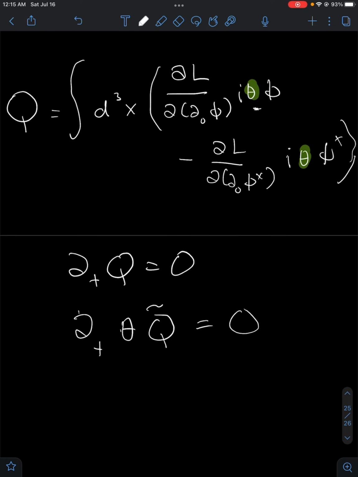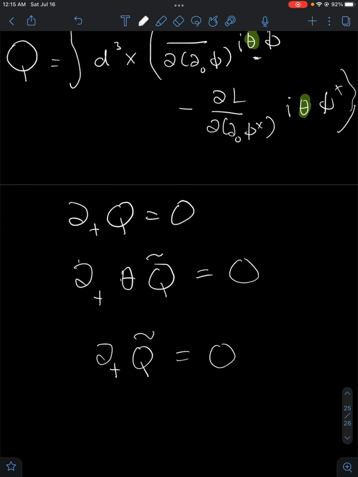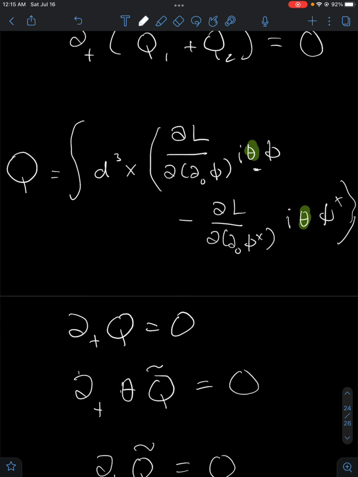Since theta is a scalar quantity, we can just divide both sides by theta, and we get partial t Q tilde equals 0. We want to get rid of the theta, since we aren't very interested in quantities that depend on certain values of theta. So that's why we want to get rid of that theta term. So basically, we don't need a theta here after all.